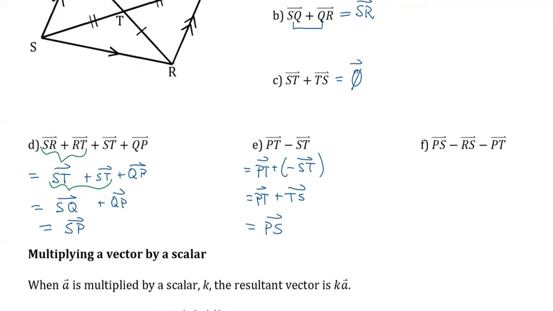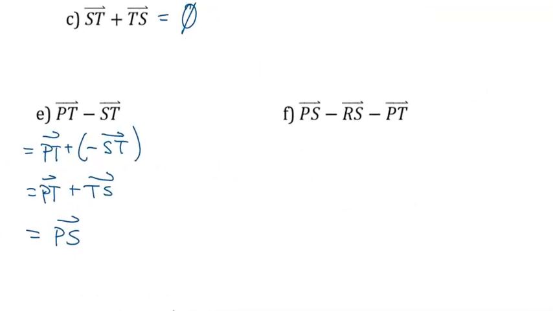If you had vectors shown like that, you can't just flip that from PT to TP. There's no way of doing that, right? So this trick only works with these ones. And this first one is easy, PS plus SR. That one's intuitive, so that's going to be PR.